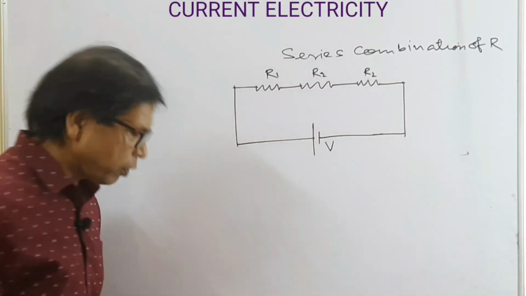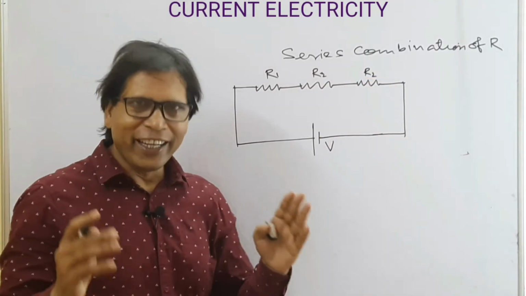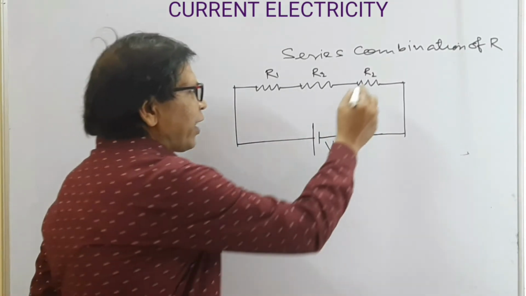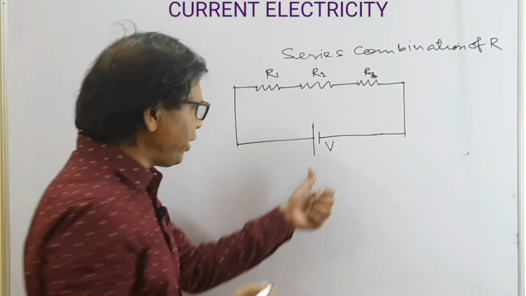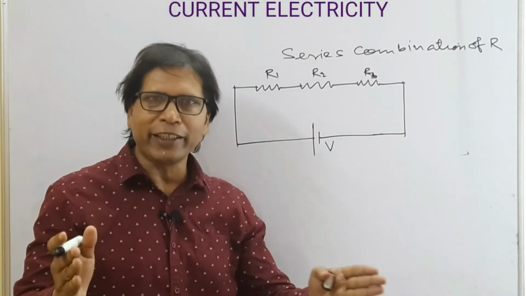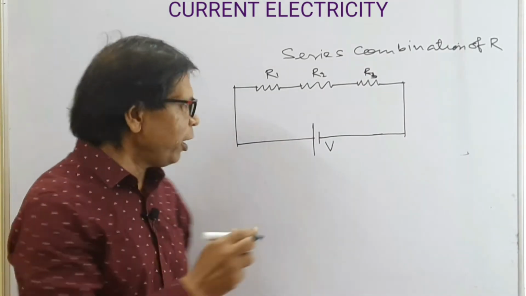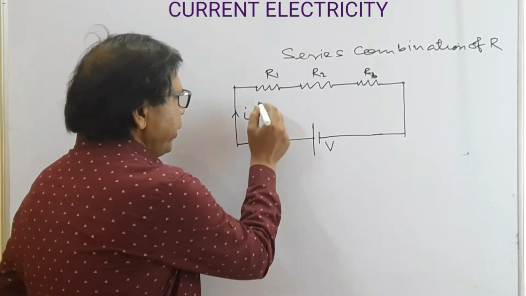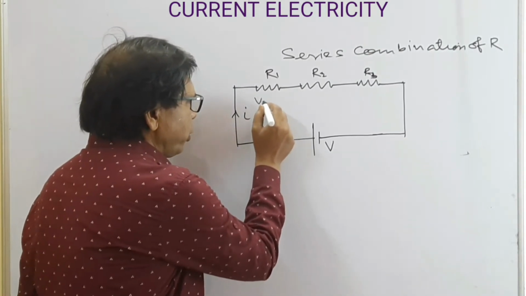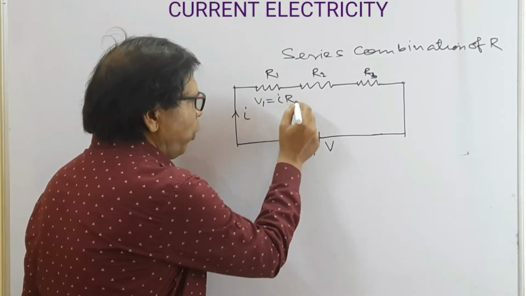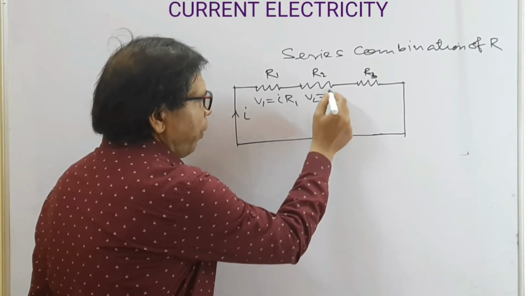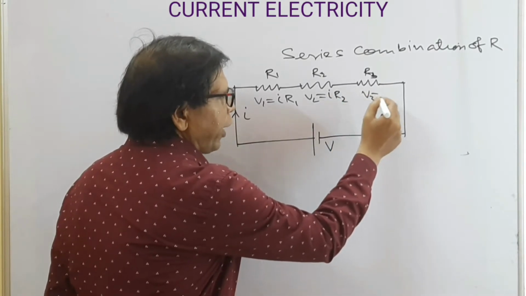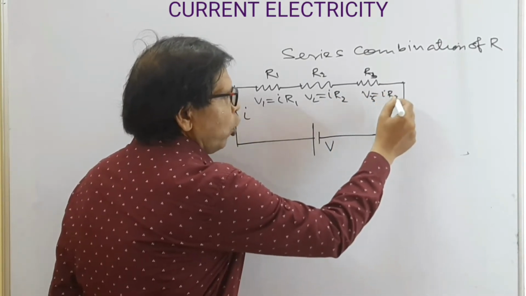Now resistances R1, R2, R3 are connected in series across a potential difference V. If I be the current flowing through them, then the potential drop across the first is V1 equal to IR1, across the second V2 equal to IR2, and V3 equal to IR3.